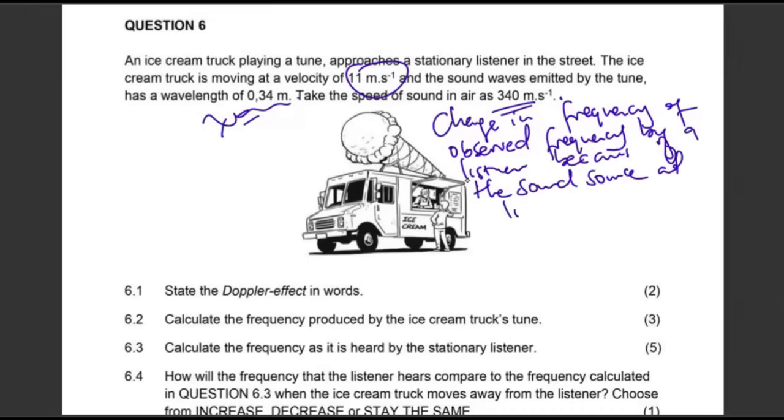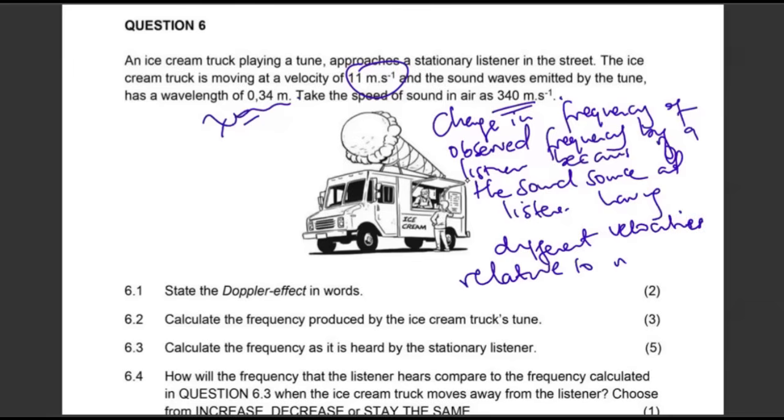Some people will also put it as the apparent change in the velocities, but these velocities must be relative to the medium of propagation. So it's one long paragraph, but just try to remember.